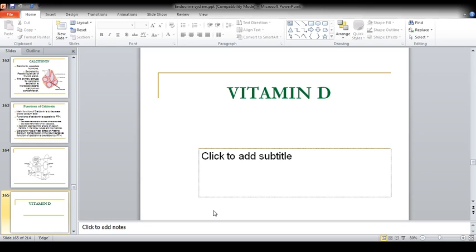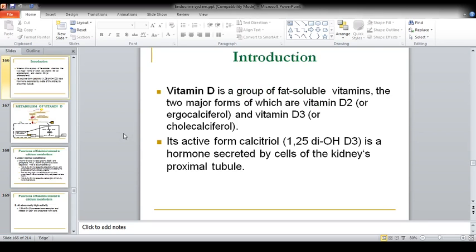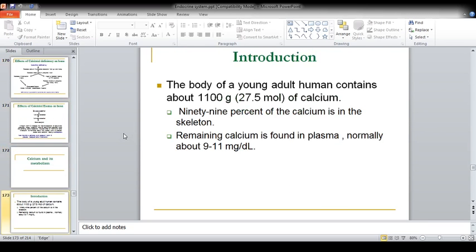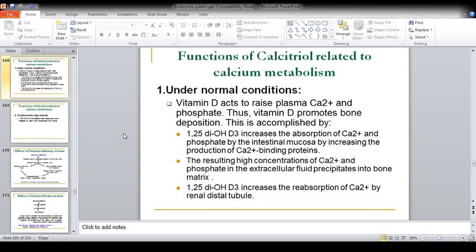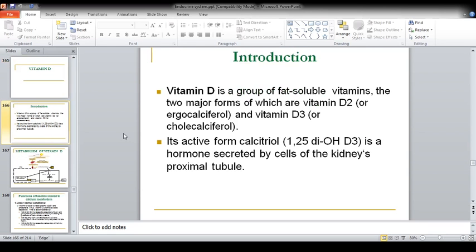Now the last hormone that is responsible for the calcium regulation is vitamin D. Vitamin D is a group of fat soluble vitamins.